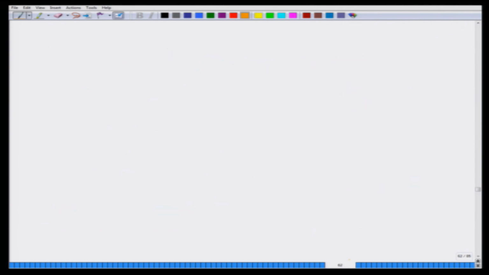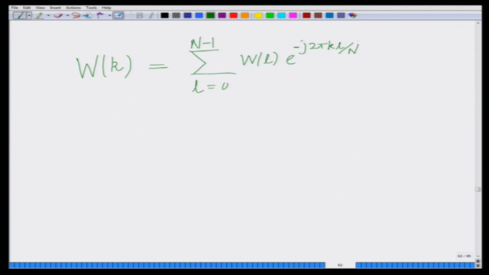In other words, the noise Wk is given as the sum over l equal to 0 to n minus 1 of small w of l times e to the power of minus j 2 pi k l divided by n.